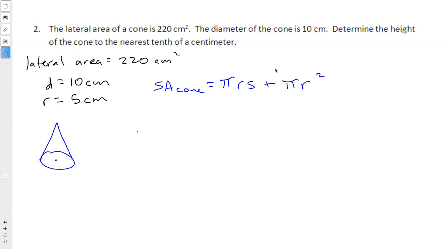So we know the radius is 5. We need to find the height of the cone. Okay, so which part of this formula is related to the height? Right here. If we know the slant height and we know the radius, we can go ahead and find the height using the Pythagorean theorem. Okay, so that's what we're going to do.